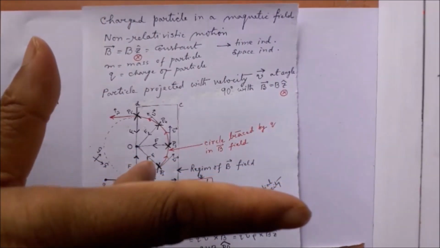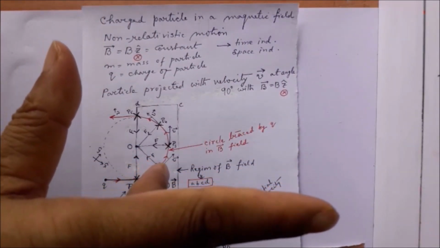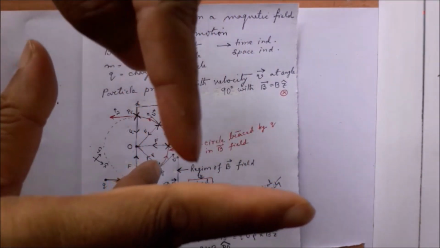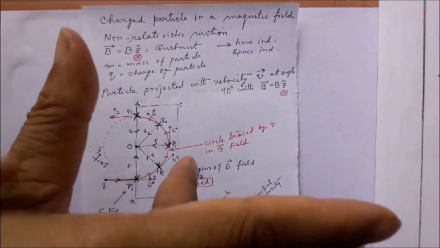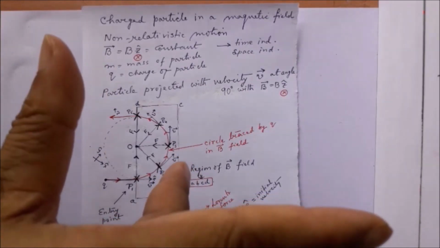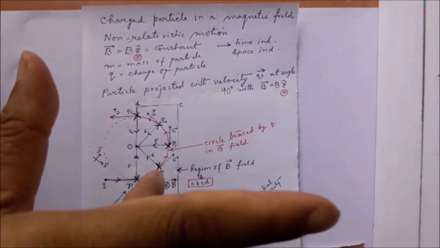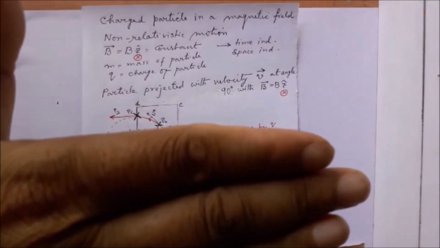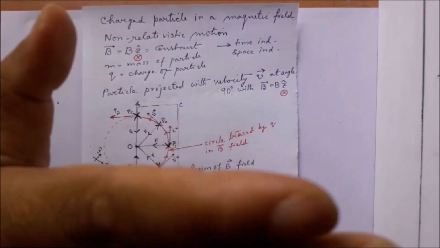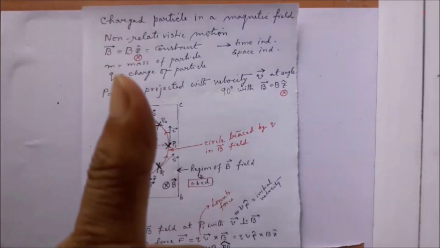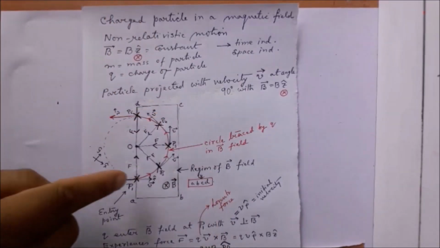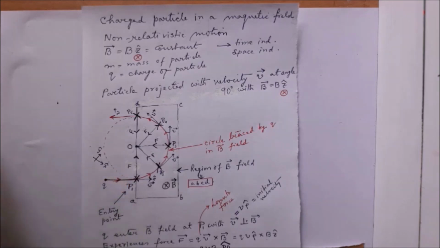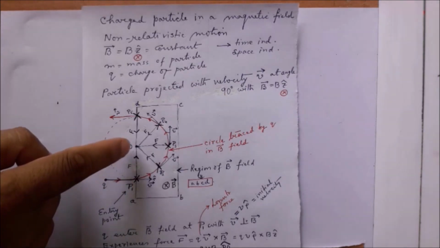At P1, the particle experiences a force Q into V cross B, and V cross B means this force. So it experiences a force in this direction. We can verify it from the right hand rule. Since this is V and this is B, V cross B means the force is along this direction. So obviously the force at P1 experienced by the particle will be along P1O.